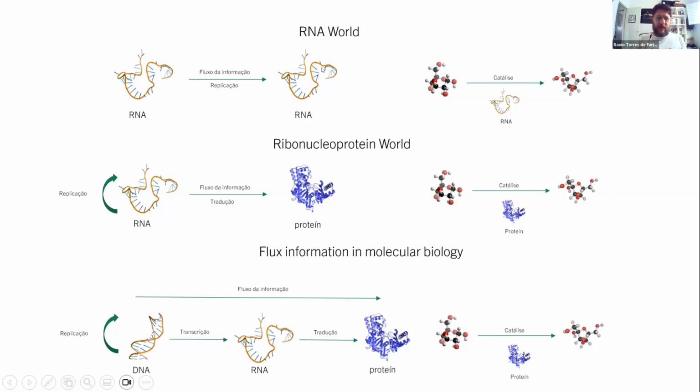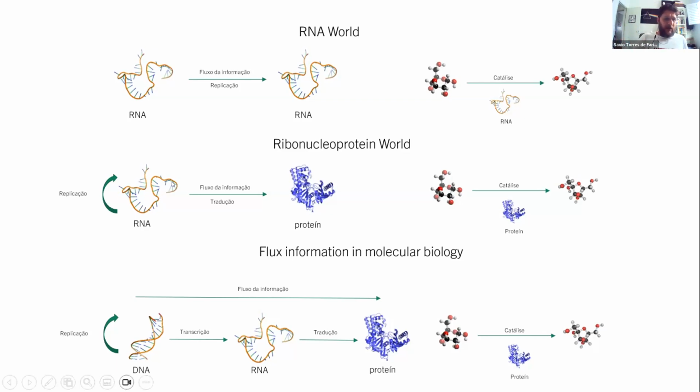The second stage, the first transition, is to pass this model to the next model, when in the ribonucleoprotein world occurred the emergence of the translation system. But in this case, the translation system is also organized by RNA.